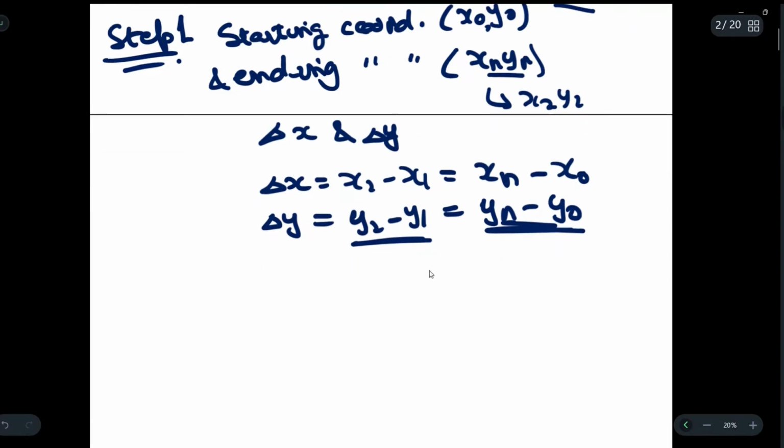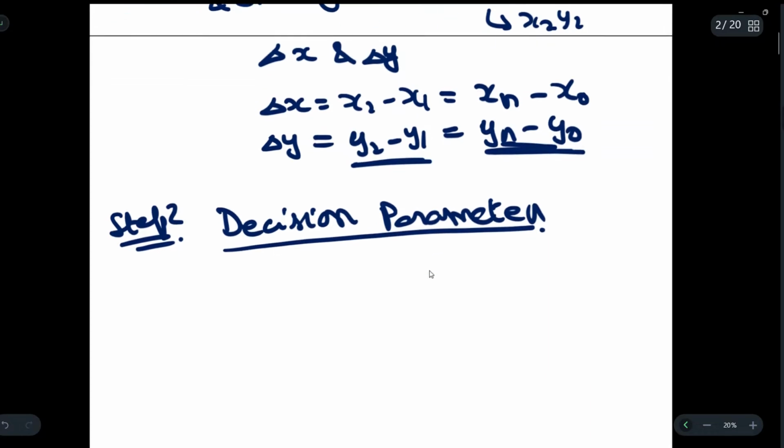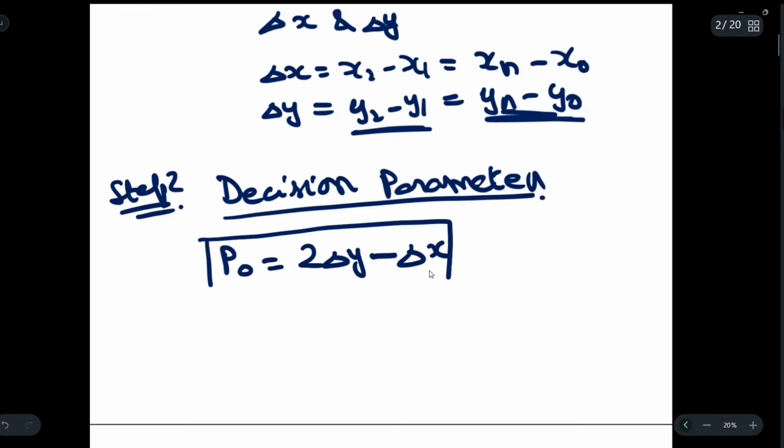Now let us come to step 2. Now we will calculate the value of the decision parameter. In the Bresenham algorithm, the decision parameter is given by p0 is equal to 2 del y minus del x, and this is used when m is less than 1, that is, the slope is less than 1 and m is positive.